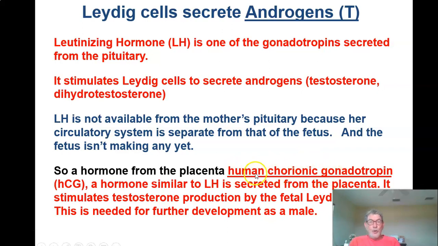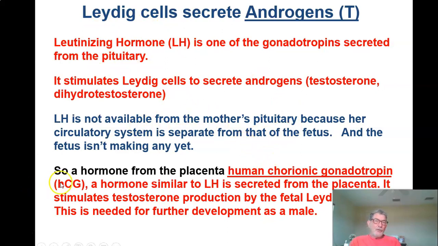It's called human chorionic gonadotropin. Remember, LH is a gonadotropin, and this is coming from the chorion. So human chorionic gonadotropin starts being released, and it helps produce enough testosterone for the male to become a male.